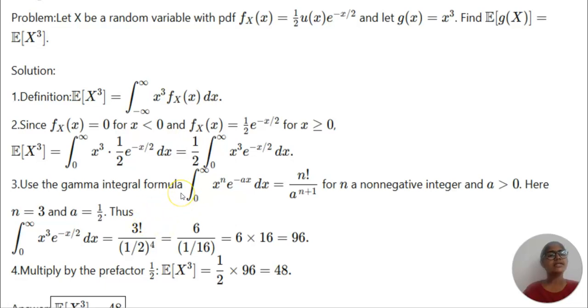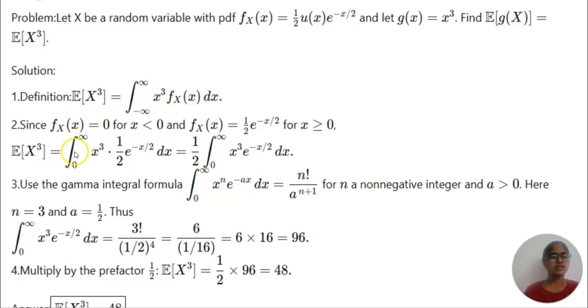Let us do one example. Let x be a random variable with PDF f x of x equal to 1 by 16 into x e power minus x by 2. Let g of x equal to x cube. Find E of g of x equal to E of x cube, and apply the definition E of x cube equals integral from minus infinity to infinity of x cube f x of x dx.